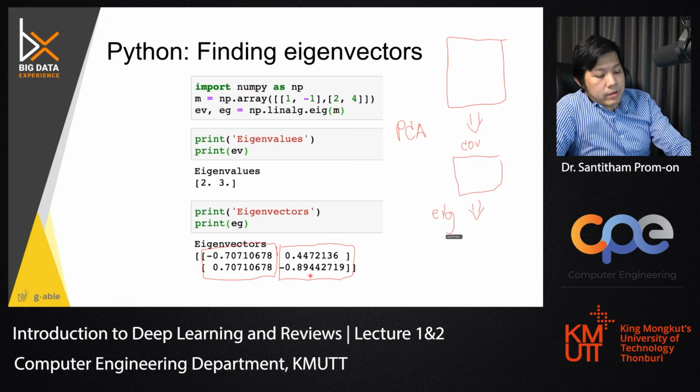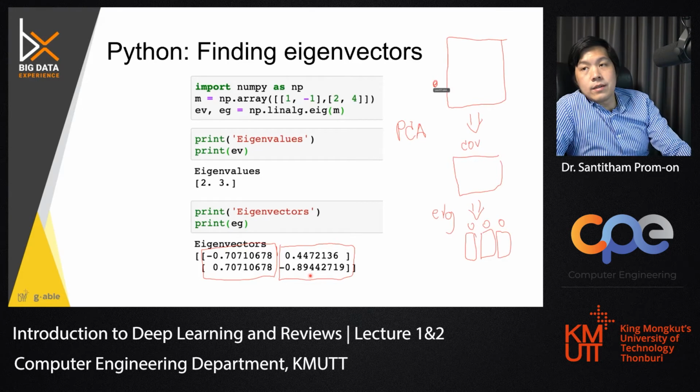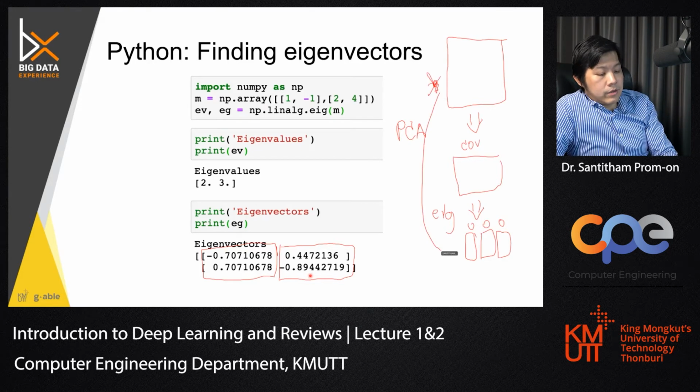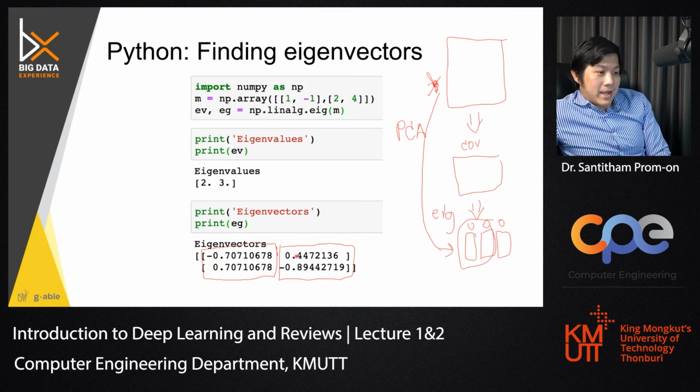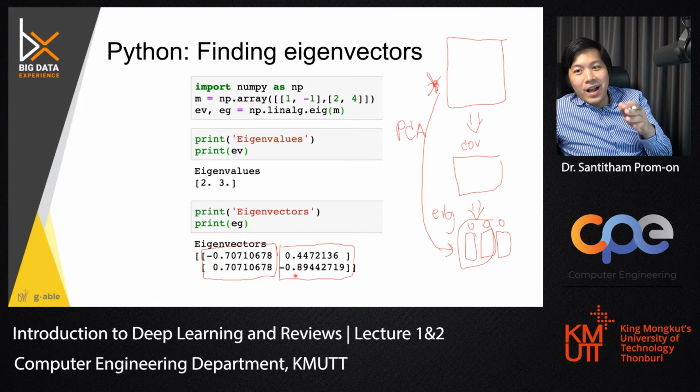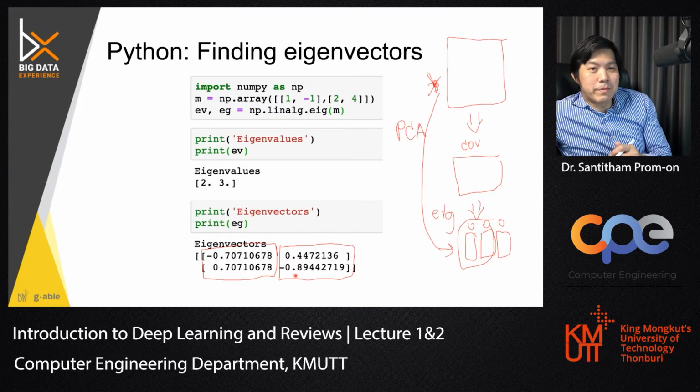And then from the square matrix, it will perform the eigenvalue decomposition so that you have a set of eigenvalues and eigenvectors. The principal component is actually the projection of the data with this eigenvector. Why minus 0.7 and 0.7 and 0.4 and minus 0.8?